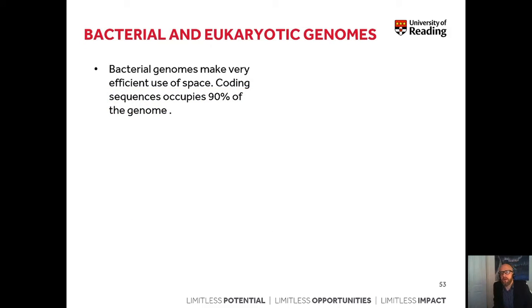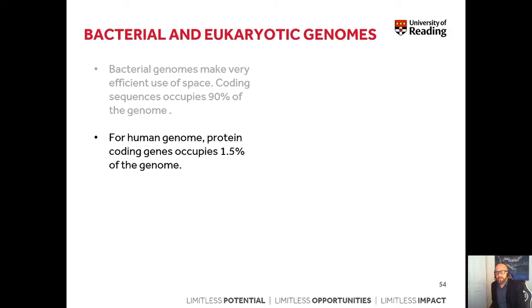So what is the difference between bacterial and eukaryotic or human genomes? And this is something we already discussed in one of our previous lectures. The first obvious difference is size. Bacterial genomes are also very efficient because coding sequences occupy 90% of the genome.